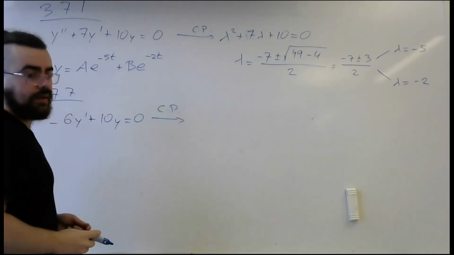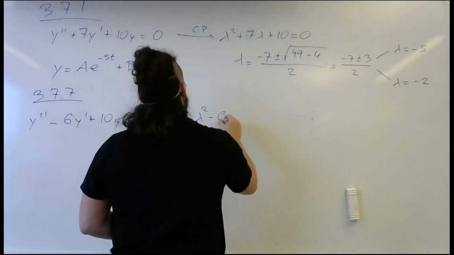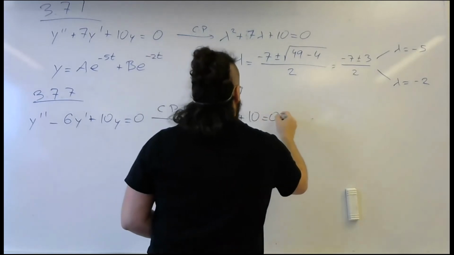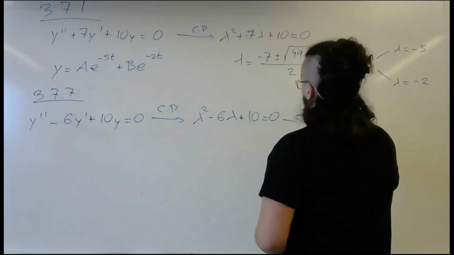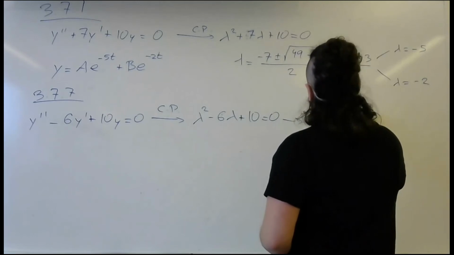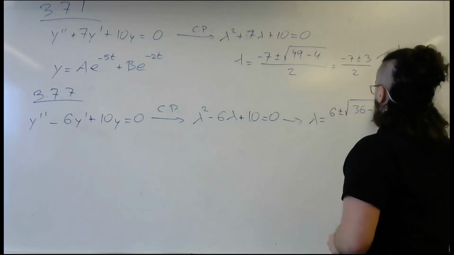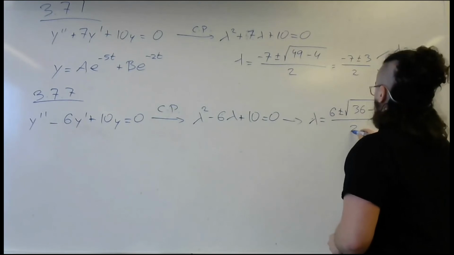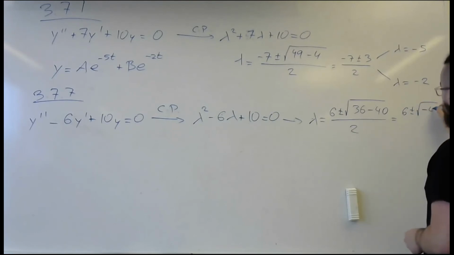Same thing over again. Characteristic polynomial: lambda squared minus 6 lambda plus 10 equals 0. So lambda is 6 plus minus the square root of 36 minus 40, divided by 2. This is 6 plus minus the square root of minus 4.